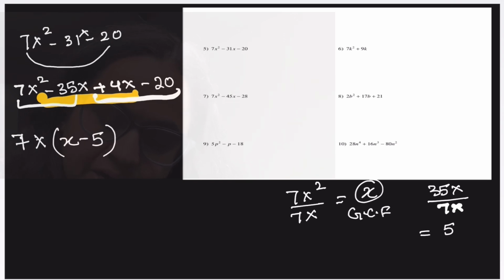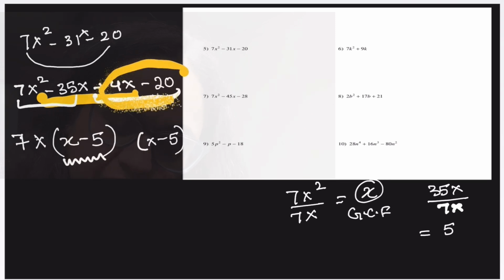For my second part, I use another trick. We need the same parentheses. So I always write the parentheses first, and then I figure out what I should multiply this by to get my last 2 terms. So I need 4x. Because I need positive 4x, I can go ahead and write positive 4. And just to check my work, I can see that 4 times negative 5 gives me negative 20, which is what we need.